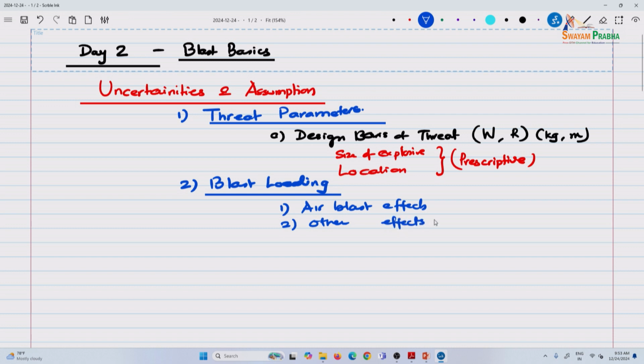The things that were not covered are ground effects such as cratering and fragmentation. All these are part of the uncertainties that are there in blast loading.